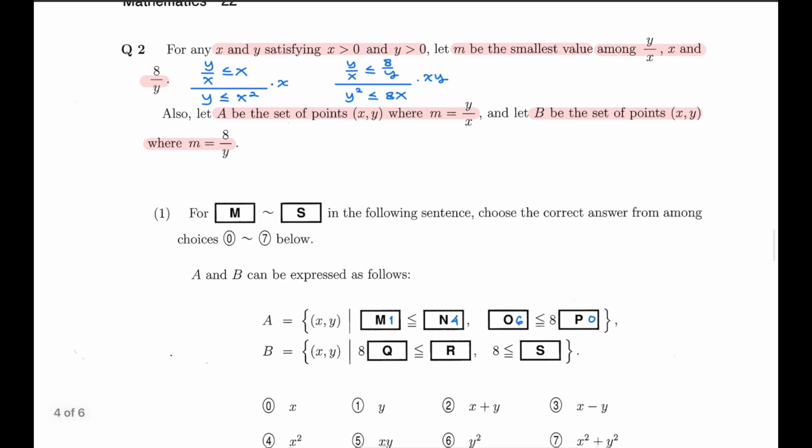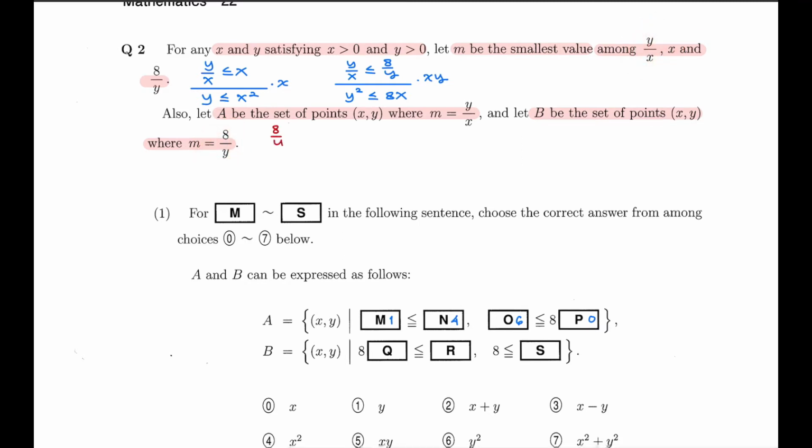By using the same method, to find the set of points in B, where m equals 8 over y, and since m is the smallest value, I can say that 8 over y must be less than or equal to y over x, and must be less than or equal to x.